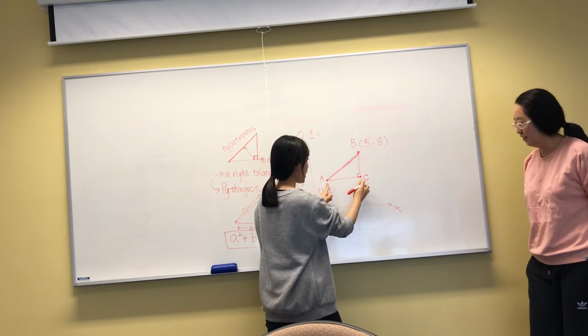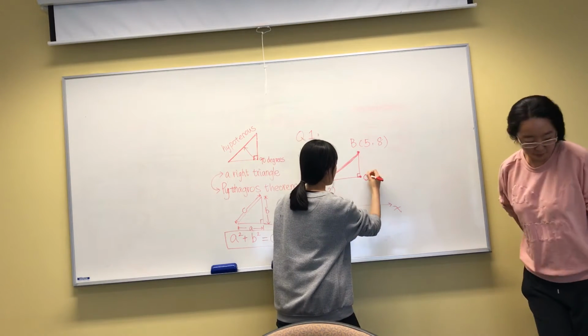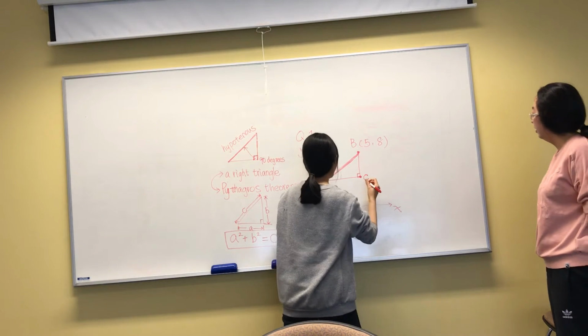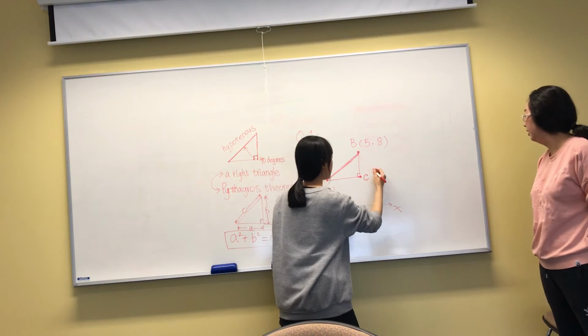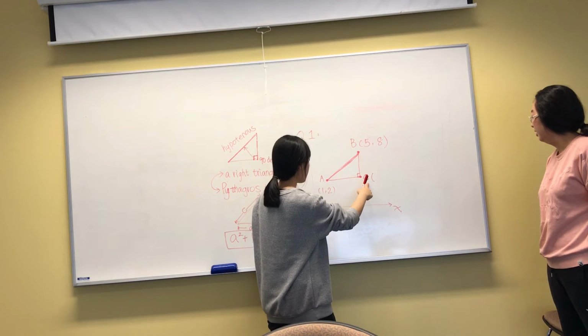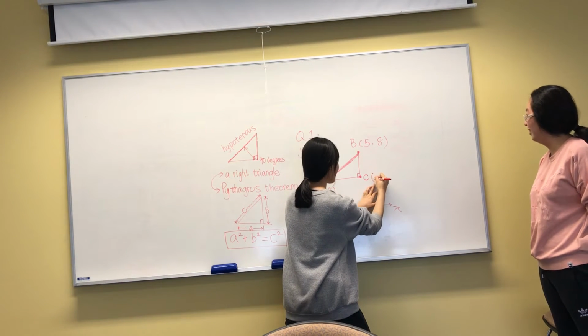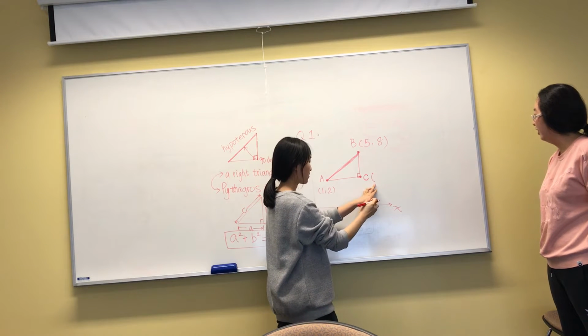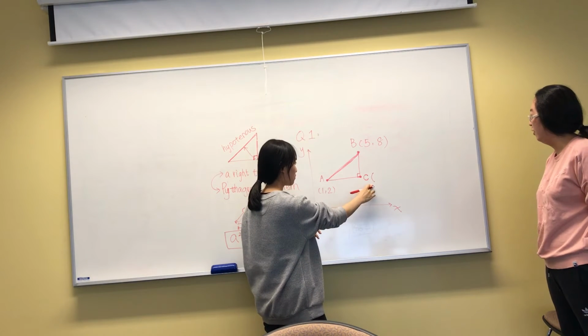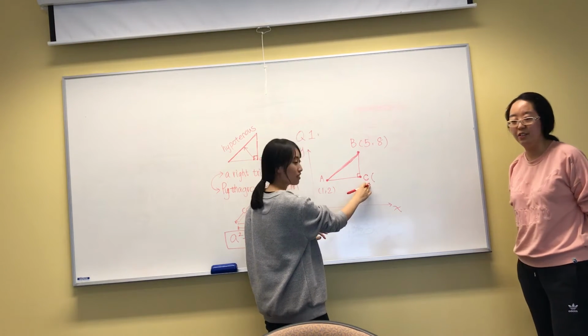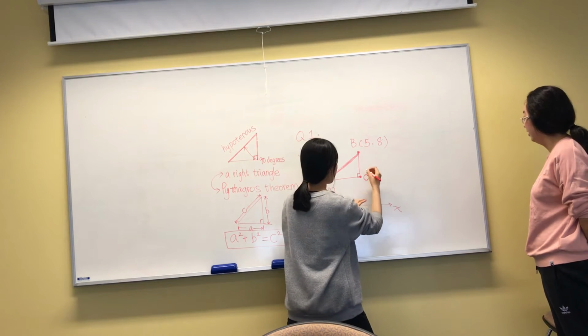The distance between A and C. Before we work out the distance between A and C, what we need is the coordinates of point C. What are the coordinates of point C? Okay, very good.